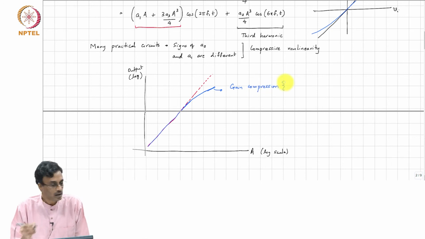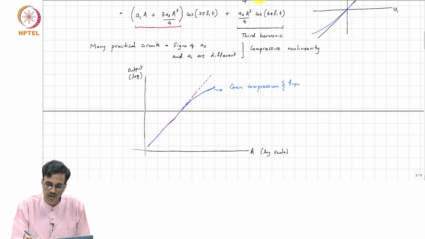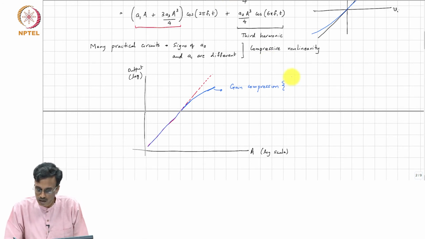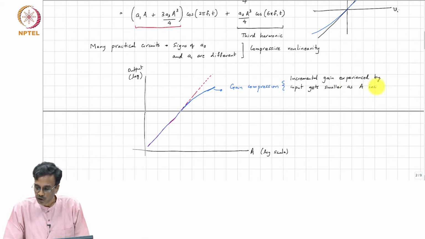And what this means is that the gain experienced by the input gets smaller as input amplitude increases.